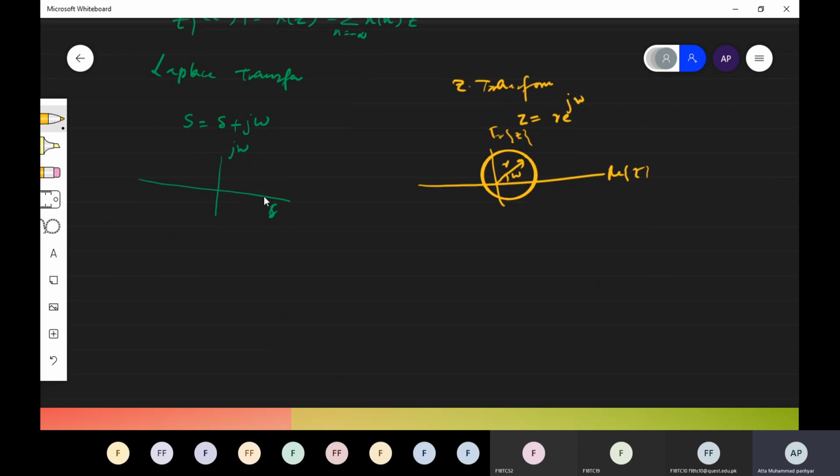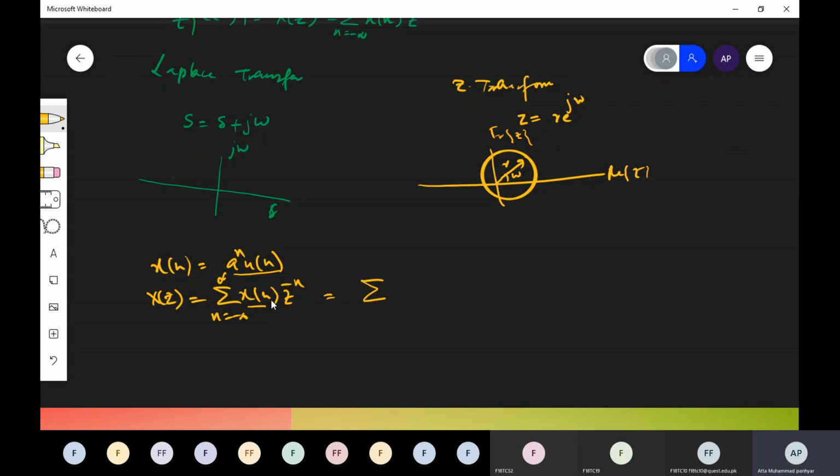So we said, for example, we have a sequence x of n that is equal to a power n u of n, right? And if we wish to compute its x of z, then by definition x of z is the sum from minus infinity to infinity of x of n z power minus n.